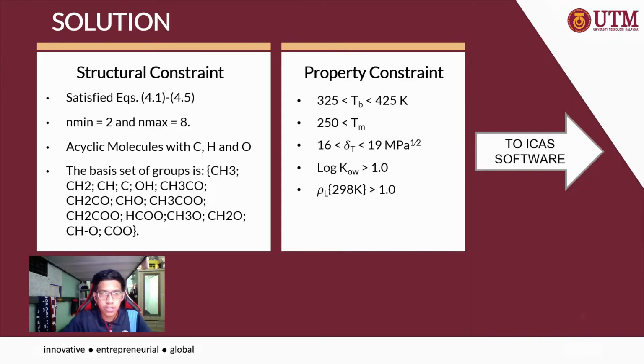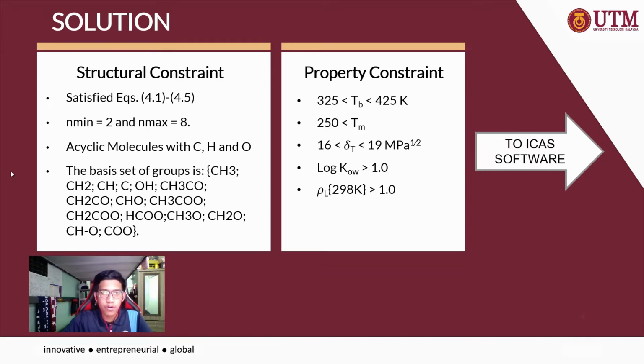So this is the information given in the case study in the plant design textbook. For structural constraint, it must satisfy equation 4.1 until 4.5, which is feasible, and then the n minimum should be 2 and n maximum should be 8, and only a cyclic molecule involved, which is CHNO, and then the basic set of group is 15 set of group, which you can see here.